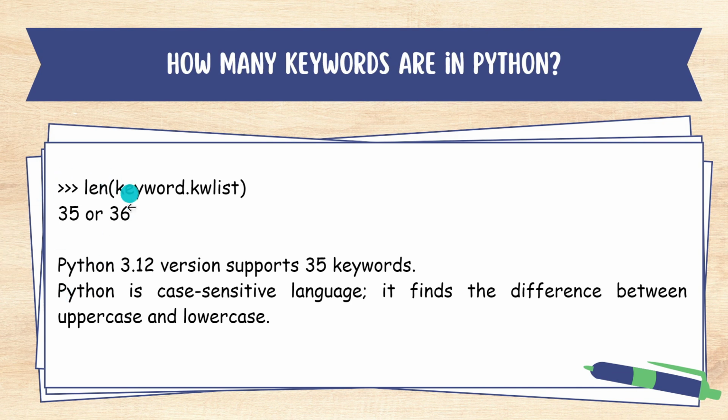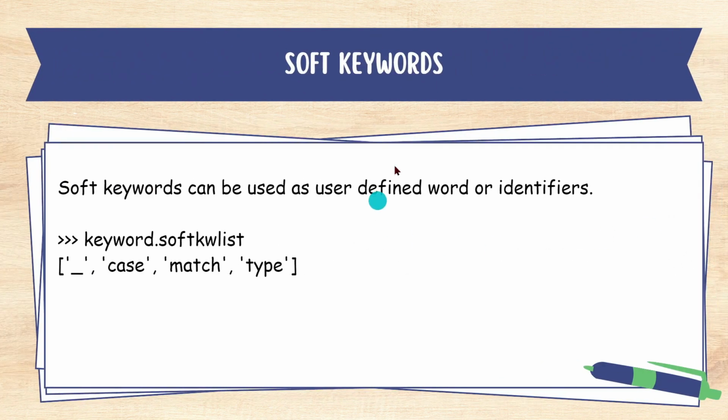How many keywords are there in Python? In some versions there are 35 keywords, and in some versions there are 36. It depends on the version. There are also some soft keywords. Soft keywords can be used as user defined words or identifiers.